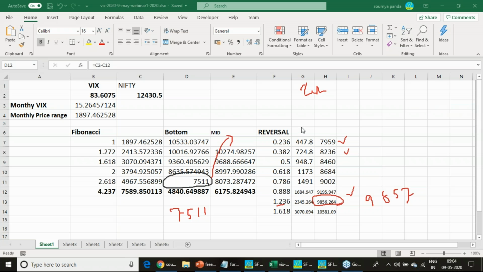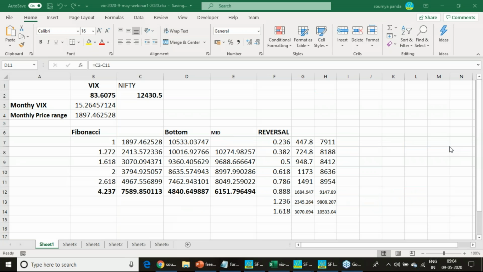The market accepted it differently, and based on that market acceptance, if you replace that bottom with 7511, you come exactly to 9857. So this is one of the testimonies that the volatility index, or VIX, works properly to identify the trend.